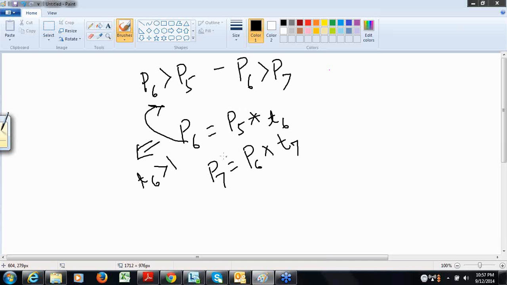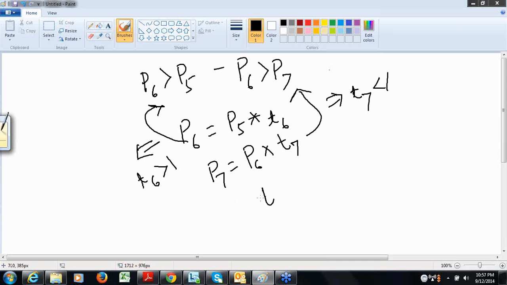So product of 7 terms of GP will be what? Product of 6 terms into the 7th term. Okay. Clear, everybody? And if this is the case, now it is saying P6 is greater than P7, which will imply what? T7 is less than 1.